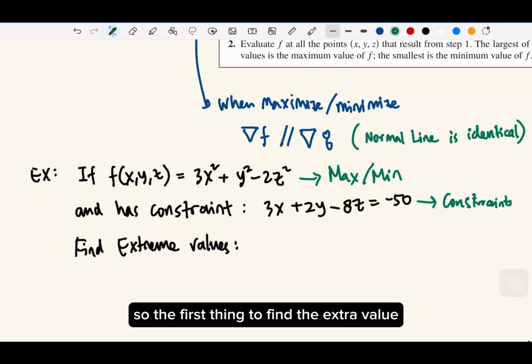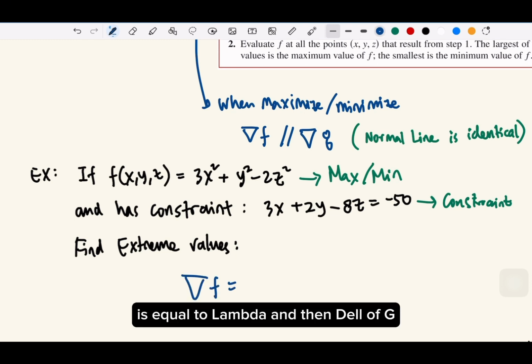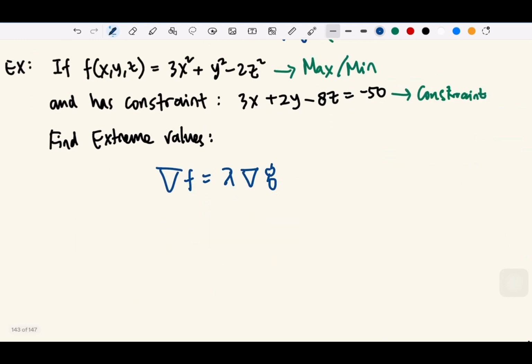So the first thing, to find the extreme value, we can write that del of f is equal to lambda times del of g.